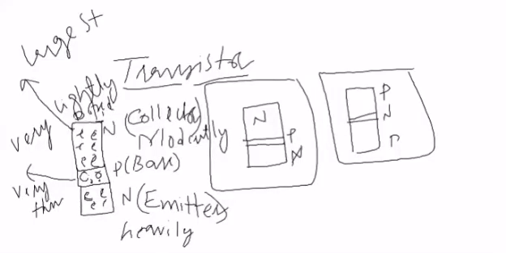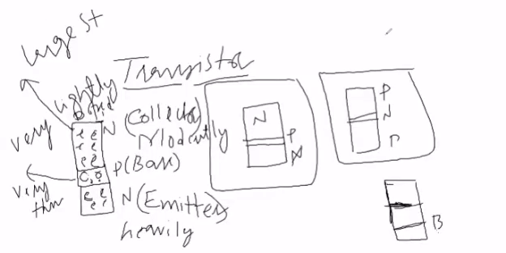So the transistor has two junctions. You can see that the transistor has two junctions. The junction between base and collector is known as the base collector junction. Sorry, base emitter junction, this is between the base and the emitter.